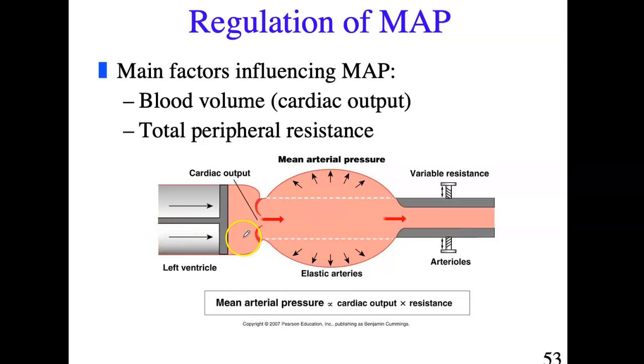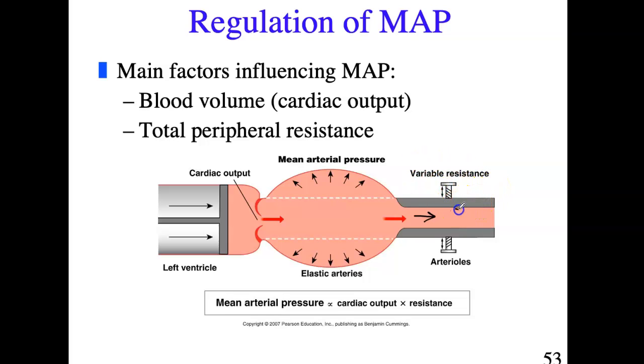I'm forcefully pumping this into an elastic artery here that is stretching, and then it's going to compress, and then it's going to shoot off into the rest of the system here, which is all your smaller arteries and arterioles. And those are going to have variable resistance.